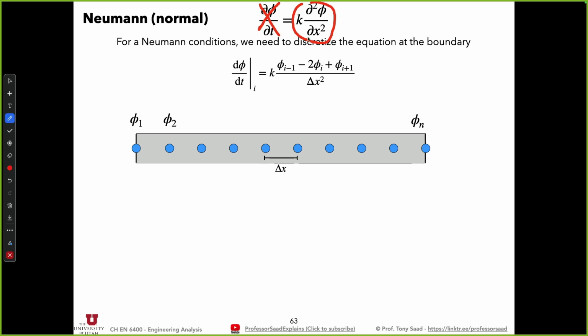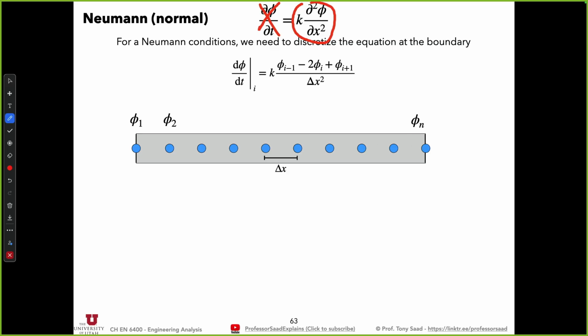For Dirichlet conditions, the value of phi is specified, so we didn't need any equation. But for Neumann conditions, we had to use this ghost point, etc. So the same thing applies when we are trying to solve the unsteady diffusion equation or advection numerically with the Neumann boundary condition. We have to figure out what the equivalent ODE at those grid points is.